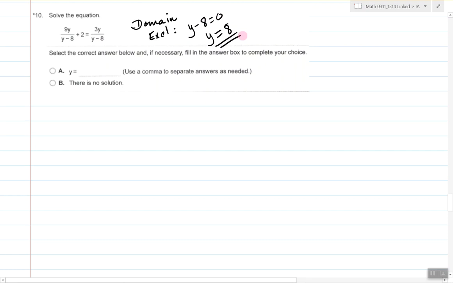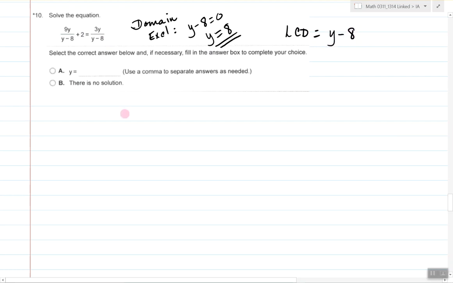I don't have to list it, but I have to be careful because as I solve the problem, if I happen to get an answer y equals 8, I would have to throw it away because it violates the domain of the original problem. The least common denominator is the only denominator. It is y minus 8.